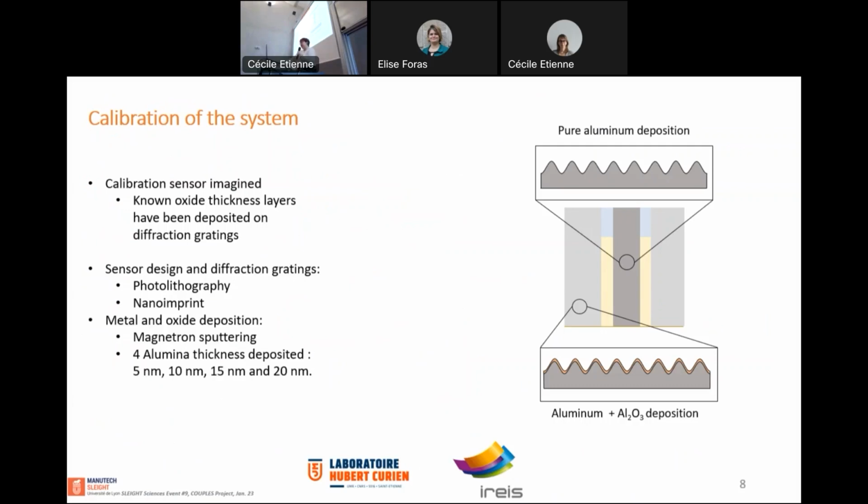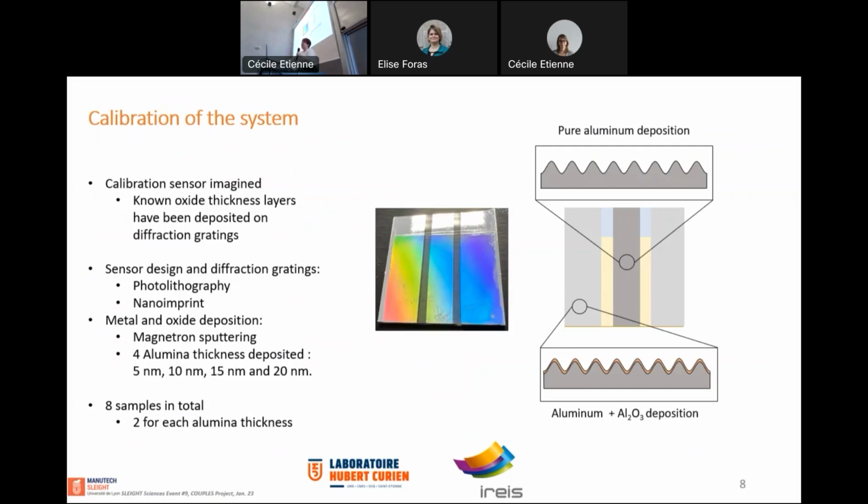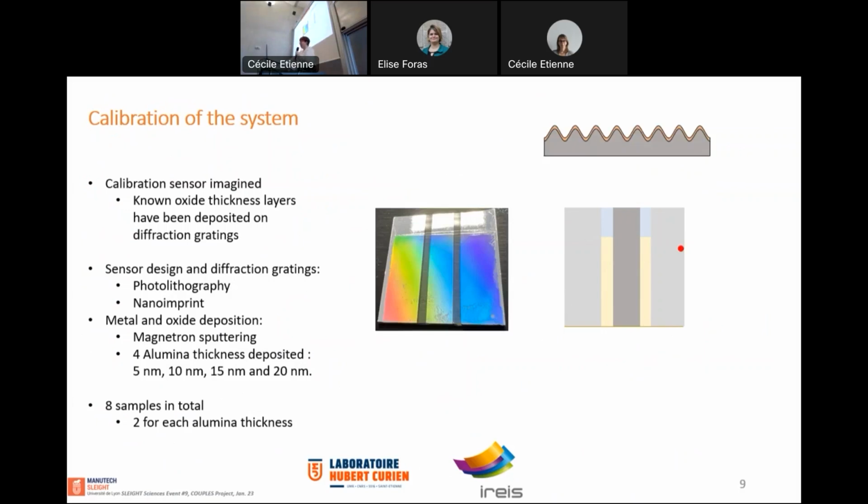Four alumina thicknesses have been deposited: 5, 10, 15, and 20 nanometers. And we do have 8 samples in total, 2 for each alumina thickness. Here is a picture of one of these sensors. So the idea is to have many different points of measurement in order to have good quality measurements.